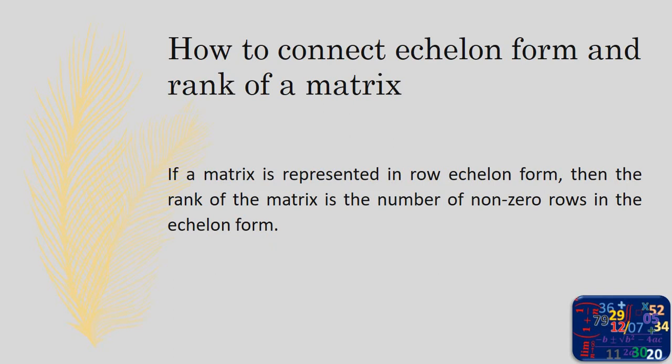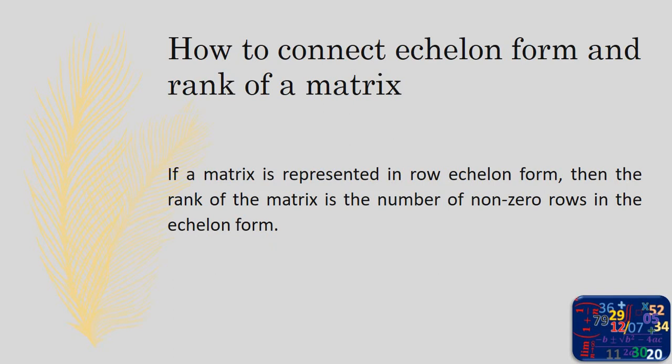How to connect echelon form and rank of a matrix. If we can convert the given matrix into an echelon form, then we can easily find the rank of the matrix. We have already studied that the rank of a matrix is nothing but the number of linearly independent vectors, either row vectors or column vectors. So if a matrix is represented in row echelon form, then the rank of the matrix is the number of non-zero rows in the echelon form.